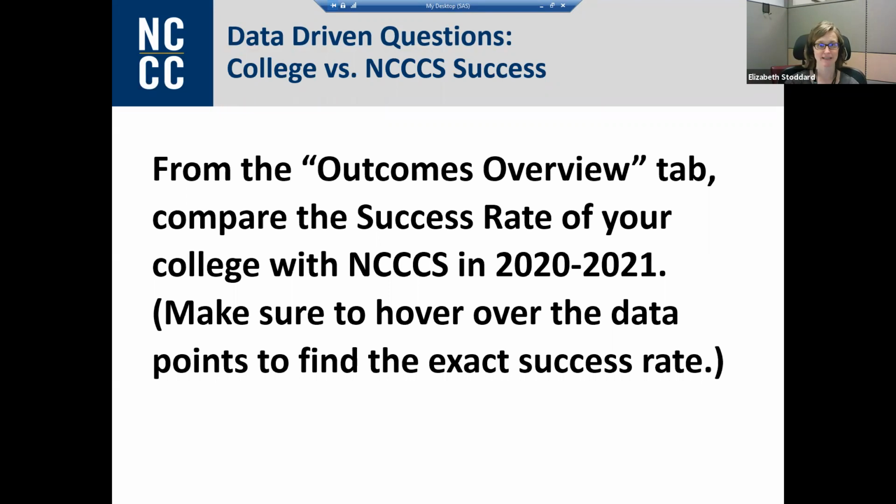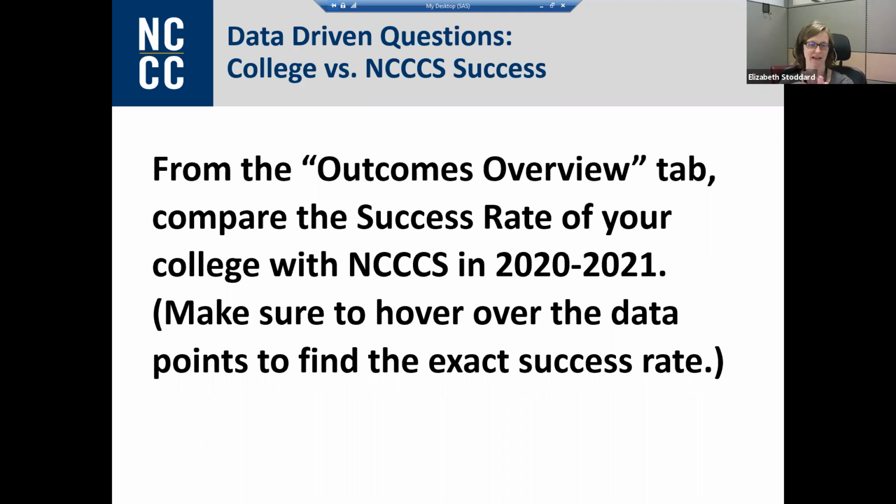My first data-driven question is looking at college versus NCCCS success. For this question, you're going to start on the Outcomes Overview tab, which is the first tab of the dashboard. You can compare the success rate of your college with the success rate of NCCCS in the 2020 to 2021 reporting year.